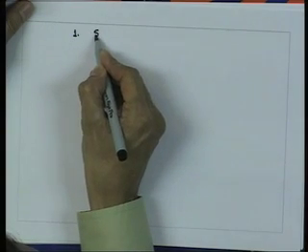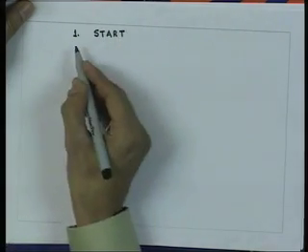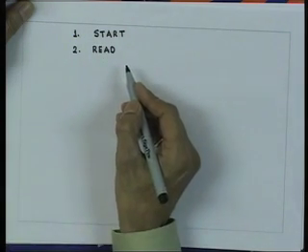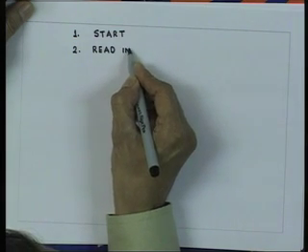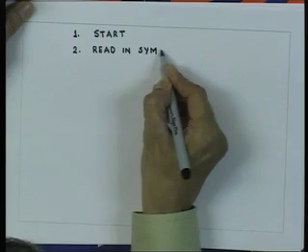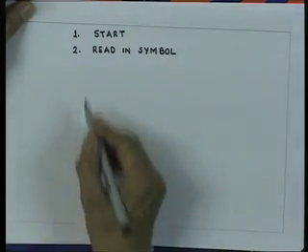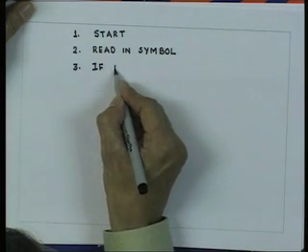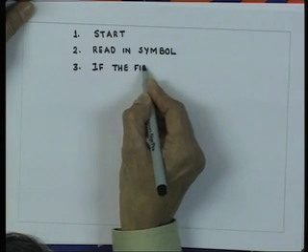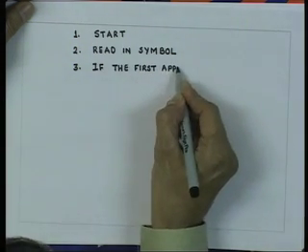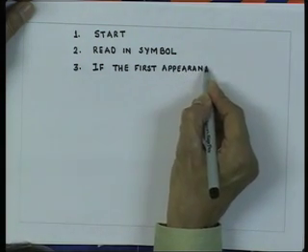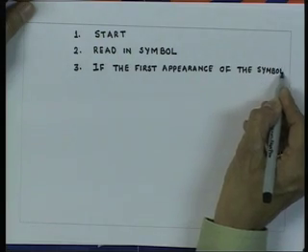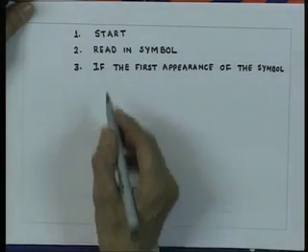First, you start. Then after you have transmitted the first symbol, the code word for which will be from the NYT list, for the second symbol you follow the procedure as follows: read in the symbol, then if this symbol is the first appearance of the symbol, you alert the receiver by sending the code for the NYT node.